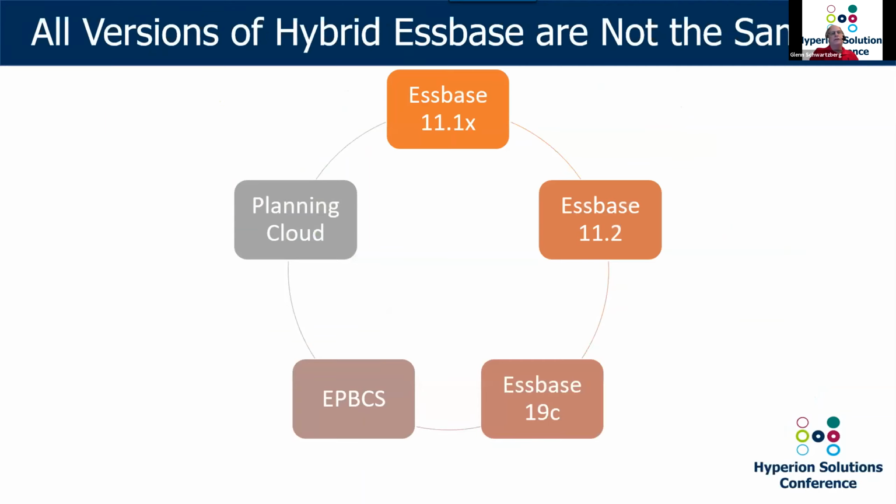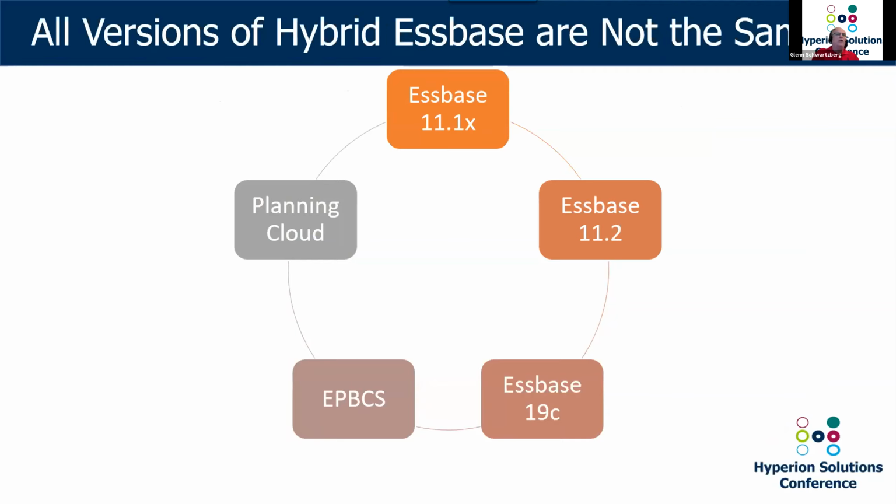Now, not all versions of hybrid Essbase are the same. It came out in 11.1.2.3.500, I believe, and it was extremely limited. 501 and 502 made it better. 11.1.2.4 made it even better.